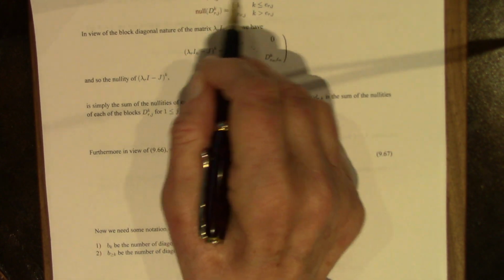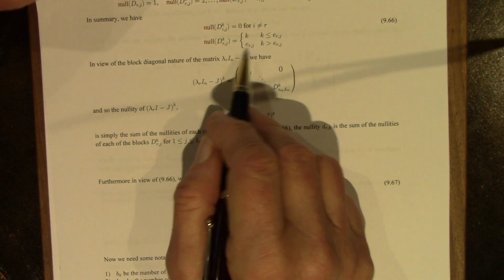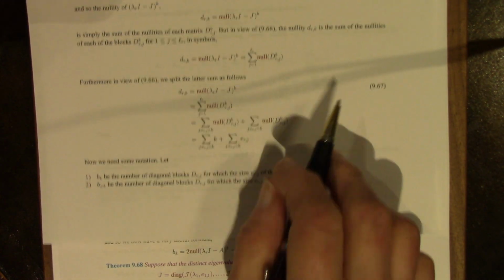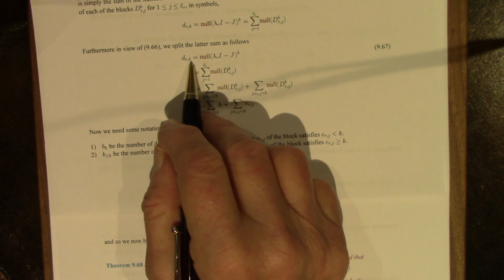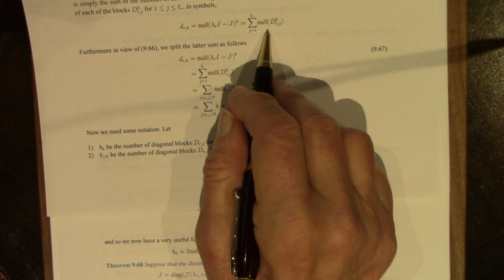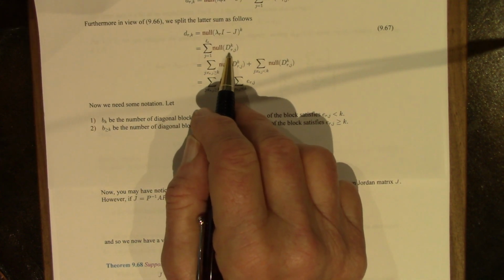Now, that's the consequence of the first equation here, but there's this equation too, which we can take into account. So for our d sub rk, we have this sum, it's right here. We're going to split it into two parts.